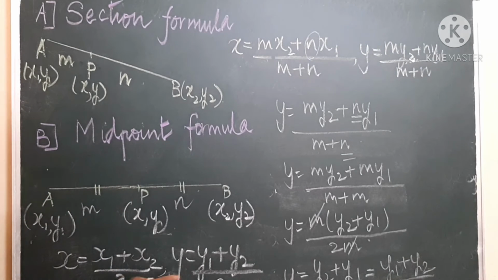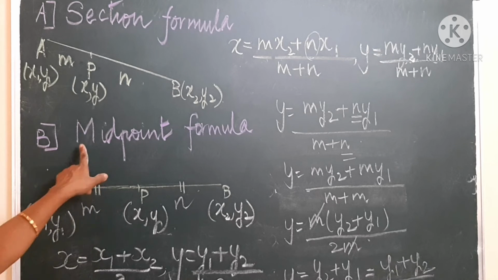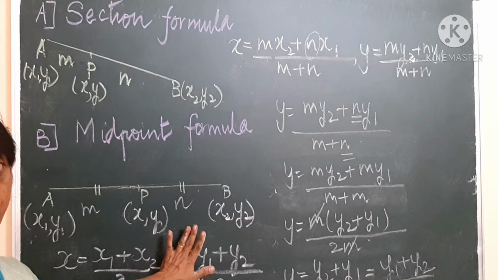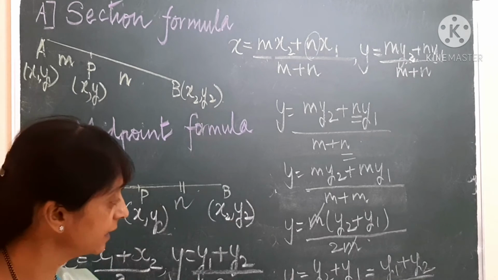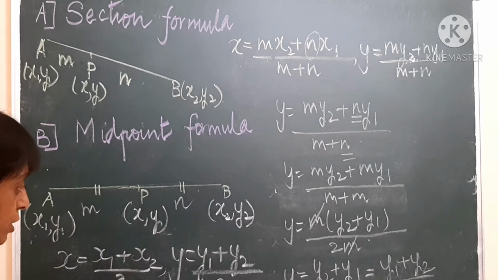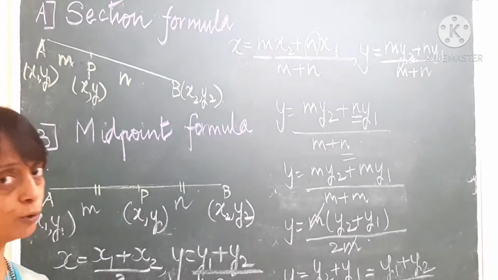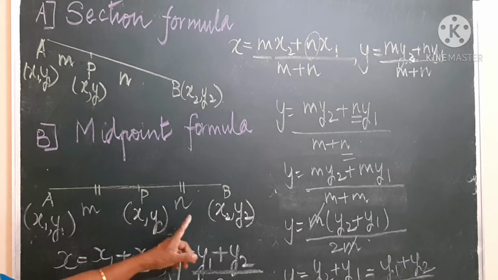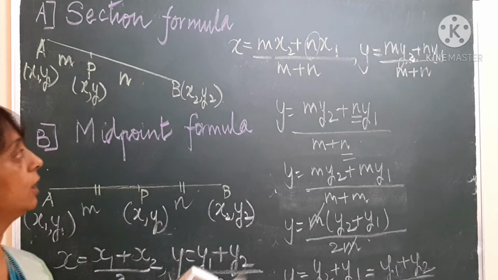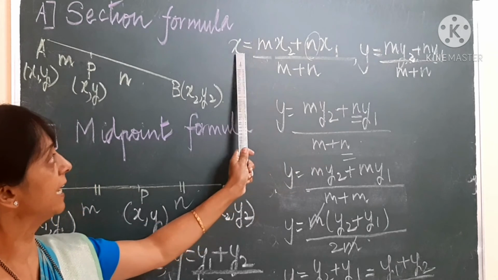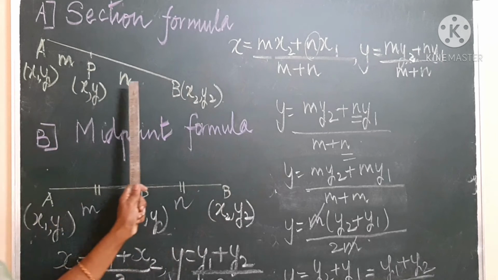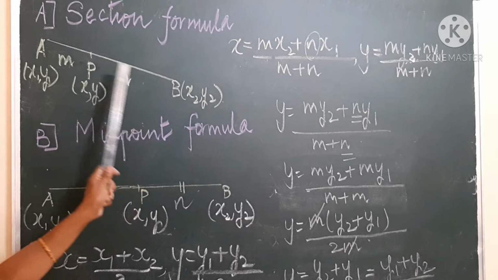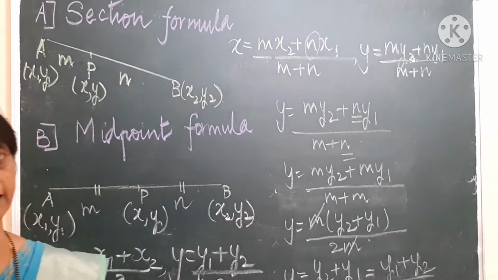This is a particular special case of the section formula, where we substituted m in place of n, so we got by mathematical calculations the value of x as x1 plus x2 upon 2, y as y1 plus y2 upon 2. But when m is not equal to n, we use the section formula to find out the coordinates of x and y as x is equal to mx2 plus nx1 upon m plus n and y is equal to my2 plus ny1 upon m plus n.